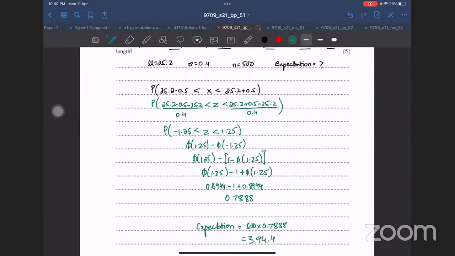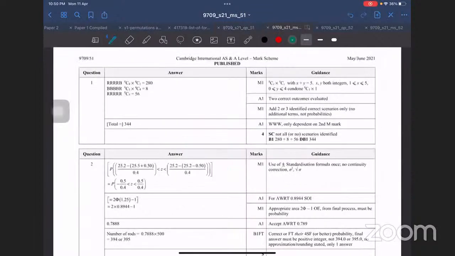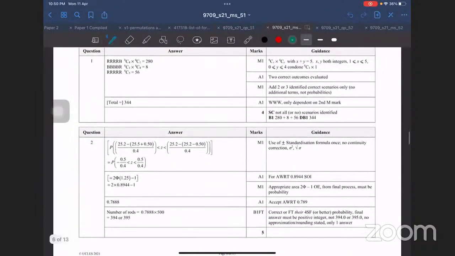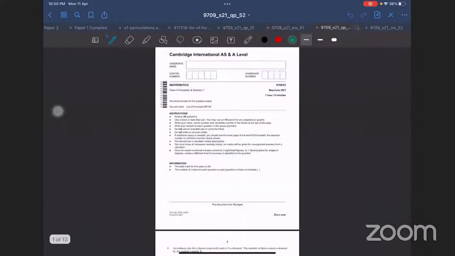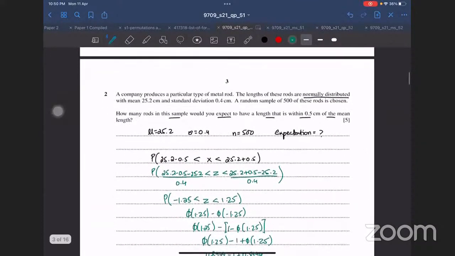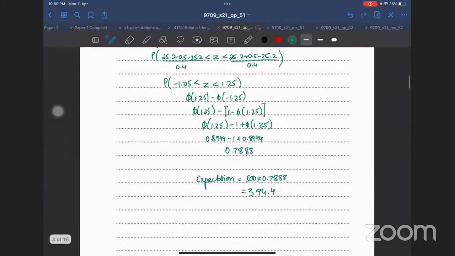That gives 394.4. The question says how many rods in this sample, so you can either say 394 or 395. That's up to you. I'll say 394 because rounding down would give me 394.